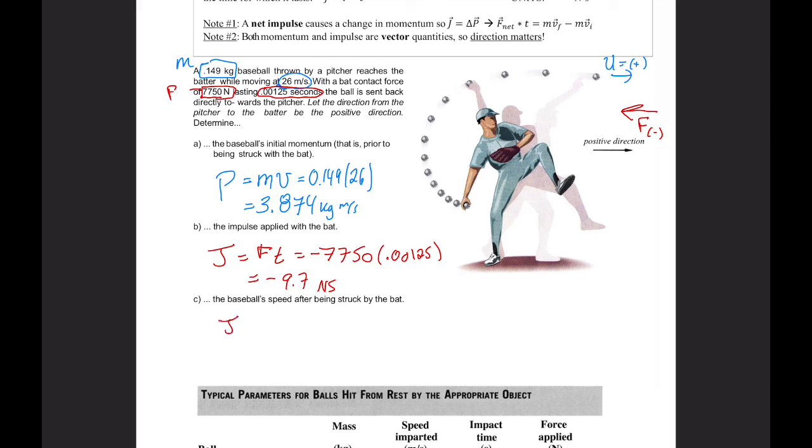Okie dokie, let's combine these things together to get the baseball's speed after being struck. So we know that impulse will change momentum. So we'll have J equals p final minus p initial. Now we already know what p initial is and what J is. So impulse is negative 9.7, p final is unknown, and p initial is 3.874. So first we can find the p final value of the ball.